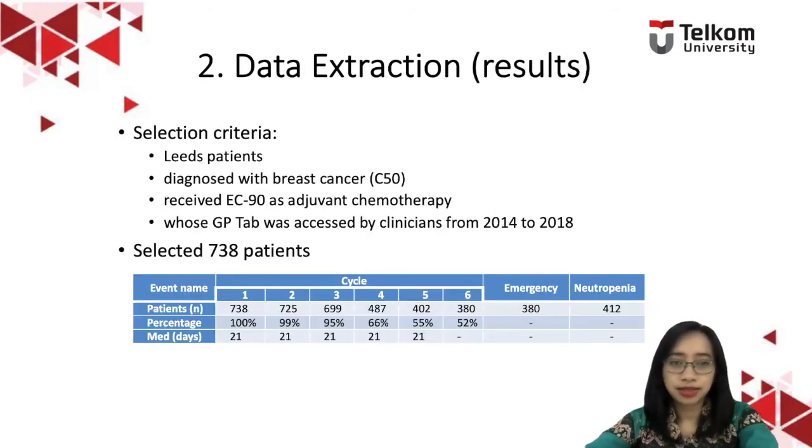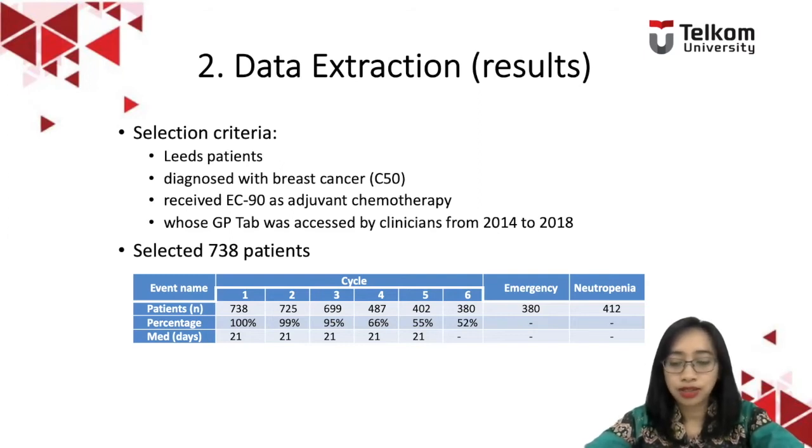As the result, based on the selection criteria of patients diagnosed with breast cancer receiving EC90, whose GP-TAP was accessed by clinicians, we selected 738 patients. If we see the numbers here in the table, in cycle 1, we have 738 patients.